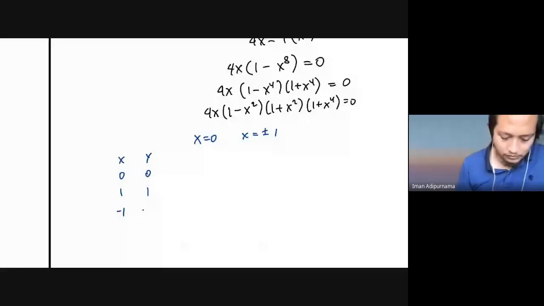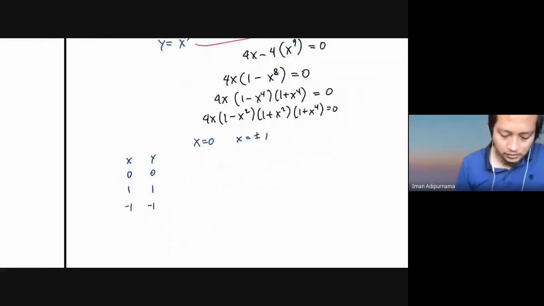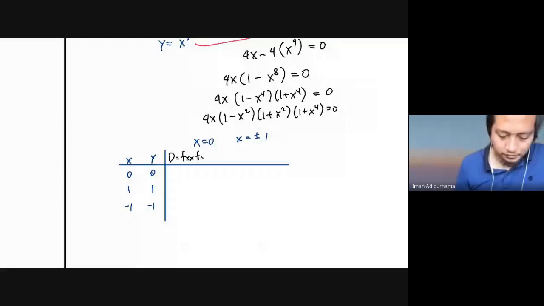Okay, from here we have now D. We'll write D as partial xx times partial yy minus partial xy squared.